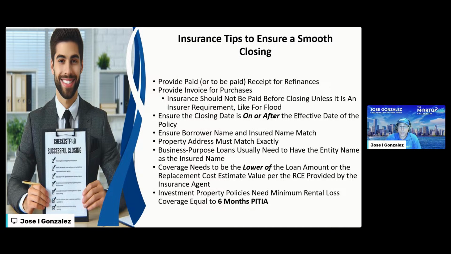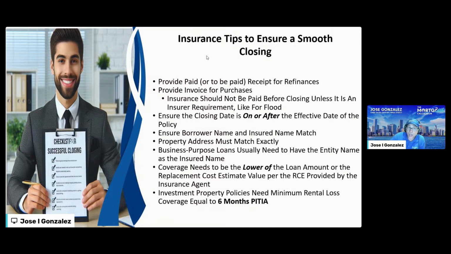Now, with that being said, please note that business purpose loans usually need to have the entity name as the insured name, as the named insured. That becomes a problem with some carriers that don't directly insure an entity, but what they do is add the entity insured under a personal name and add the entity as an additional insured.